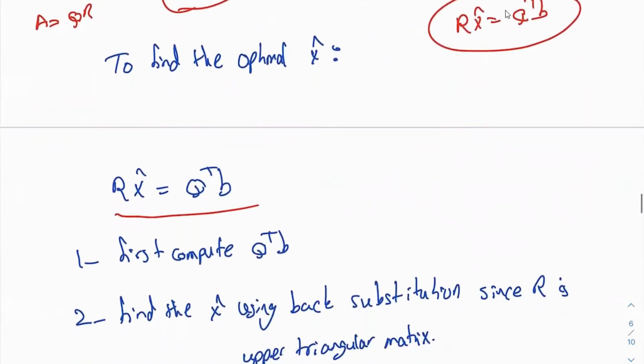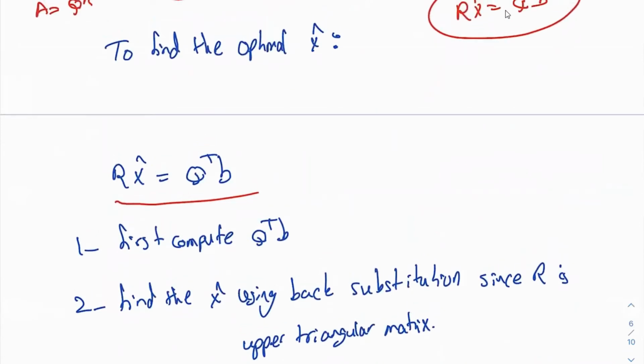So here is the algorithm. First, compute Q transpose B, right?